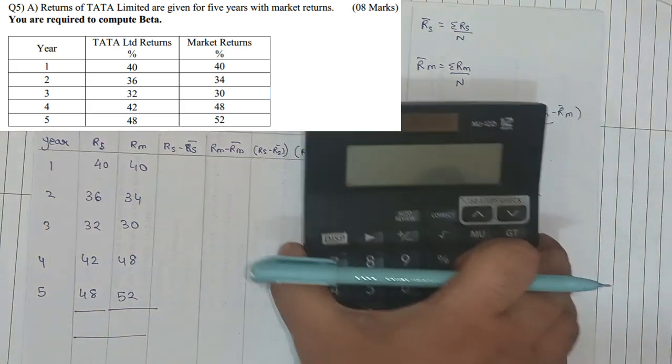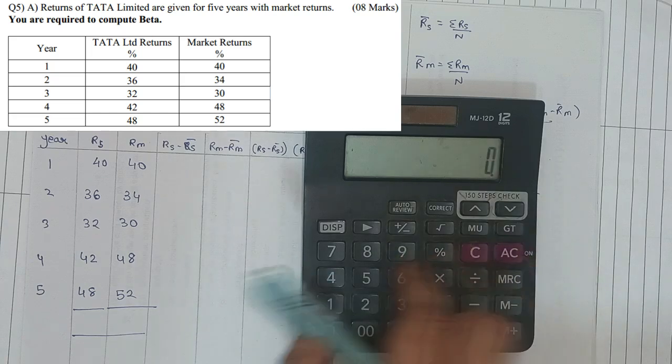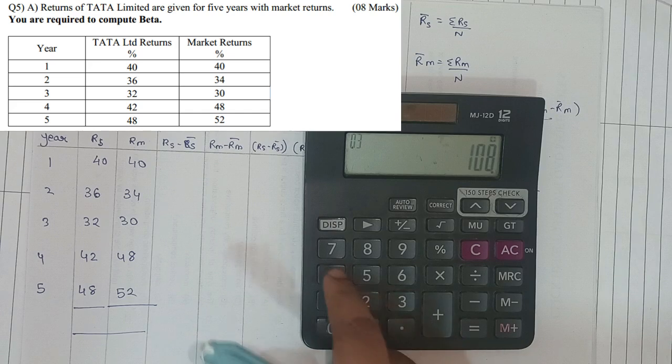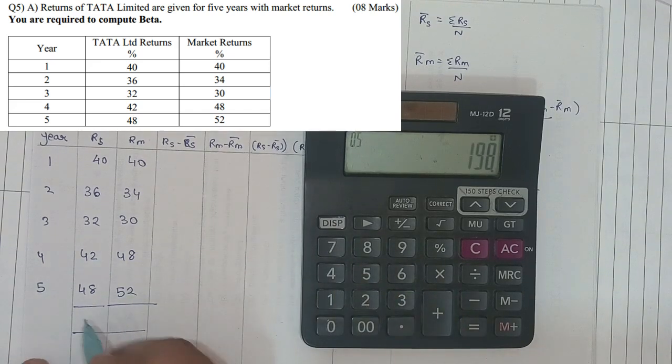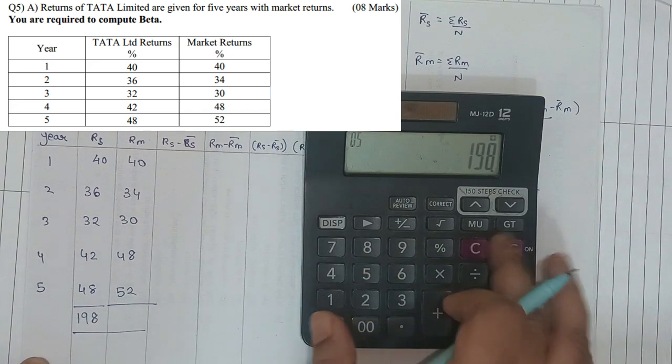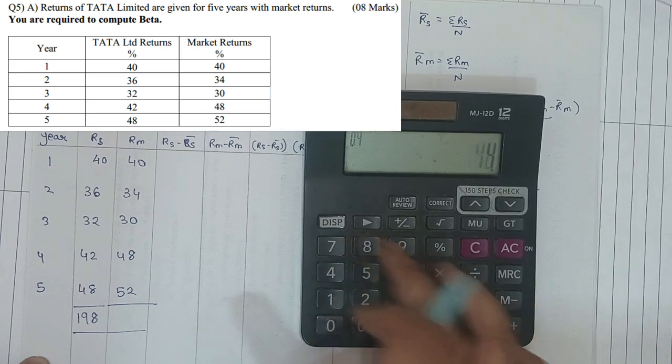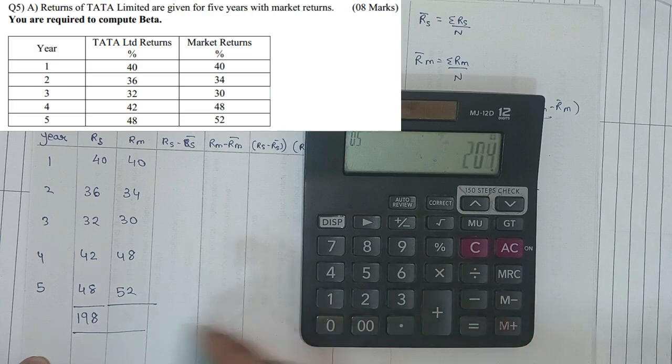Okay, first, the steps are very important. We need to get the total of this: 40 plus 36 plus 32 plus 42 plus 48, that is 198. And 40 plus 34 plus 30 plus 48 plus 52 is 204.